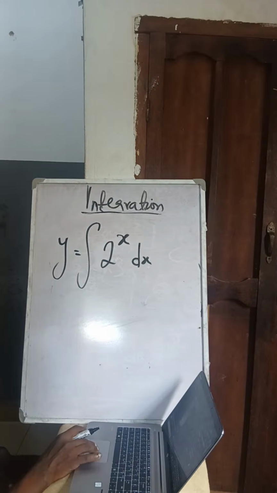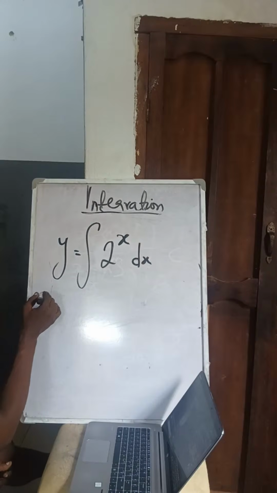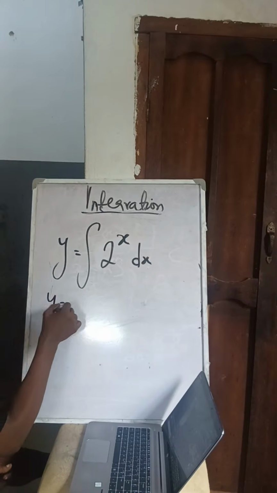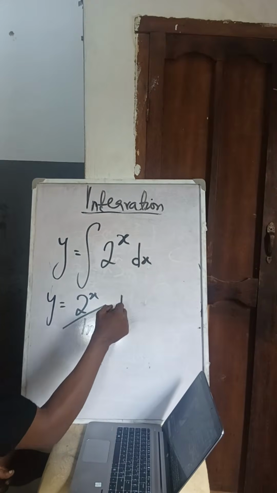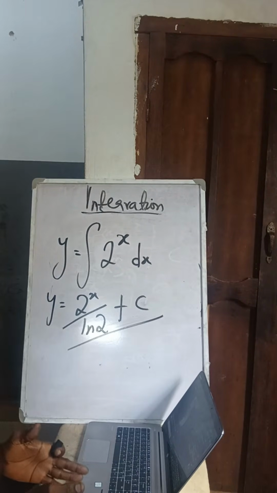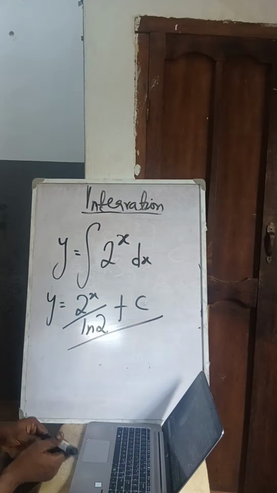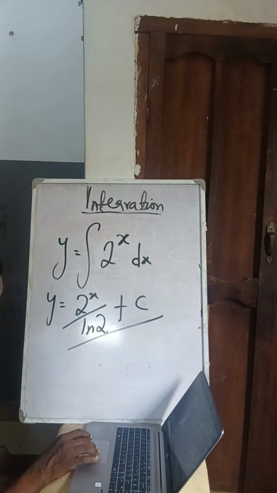I'm going to solve it. If you get the same answer, you're right. I love it. y is equal to 2^x over ln 2 plus c. That's the answer. Did you get the same thing? Let me see your comment section. I love it. You got the same thing.